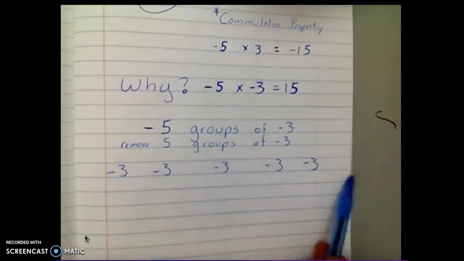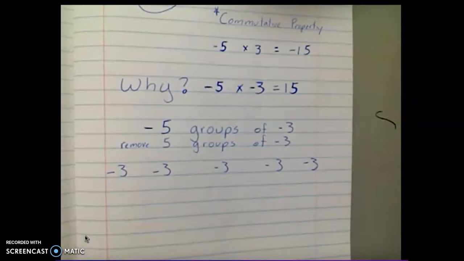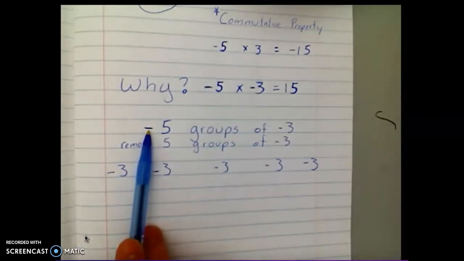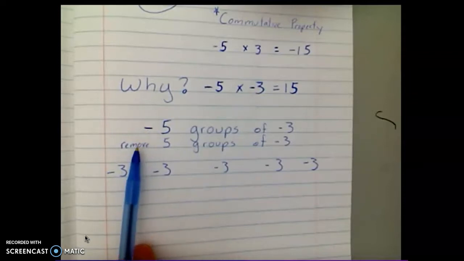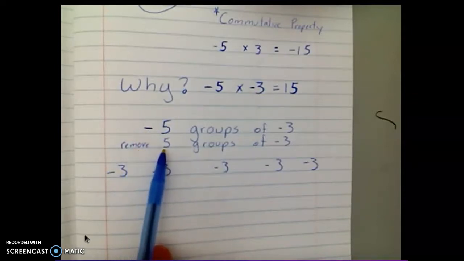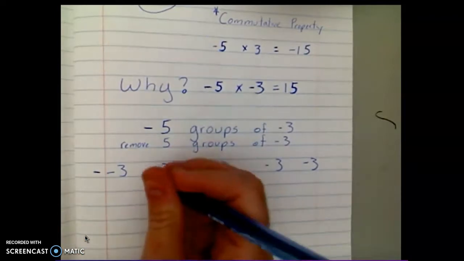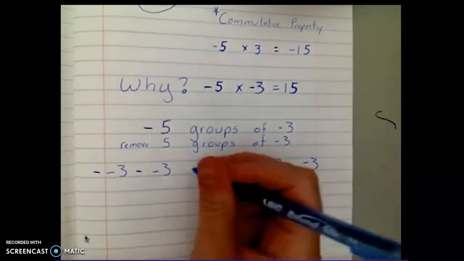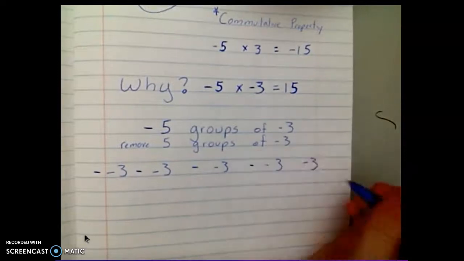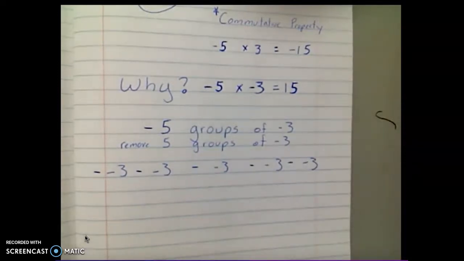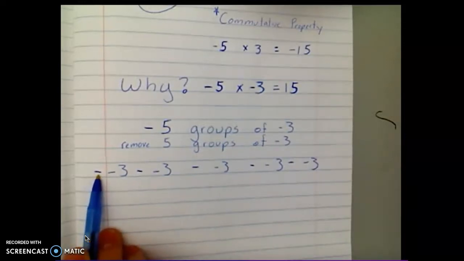Now, instead of adding those 5 groups together, like we did yesterday, my directions here, because of that negative, say that I need to remove all 5 groups of -3. So I would remove this group, this group, this group, and this one, and this one. There. I have removed all 5 groups by using this sign.